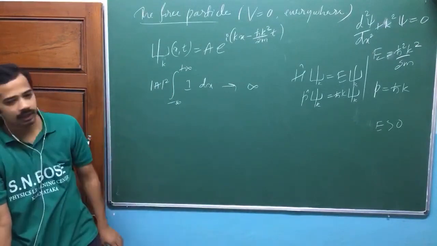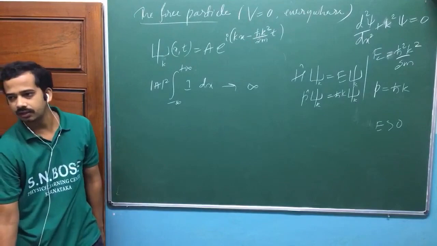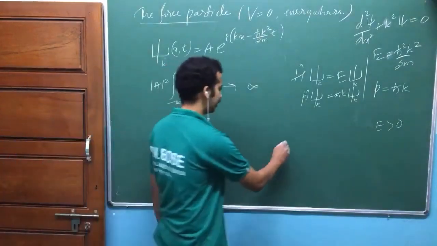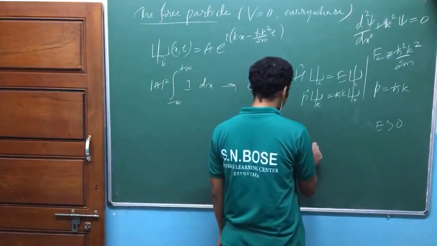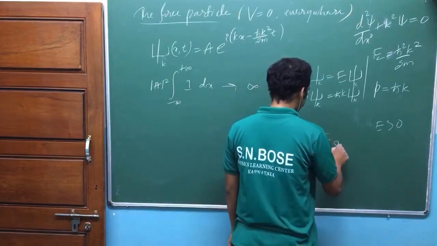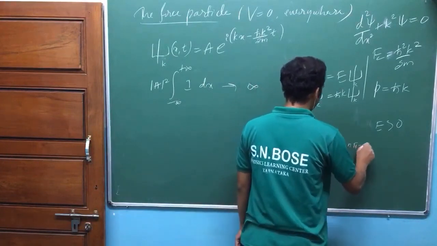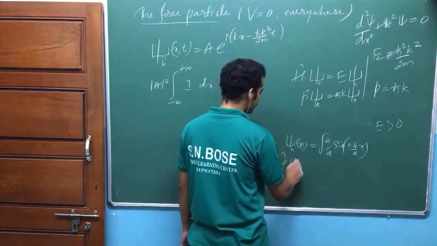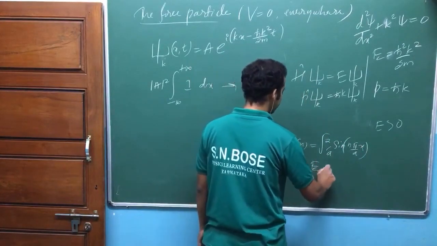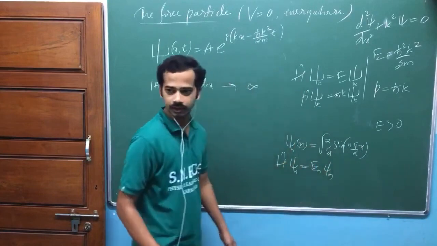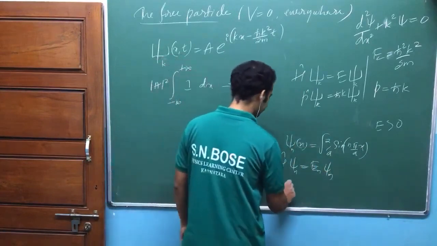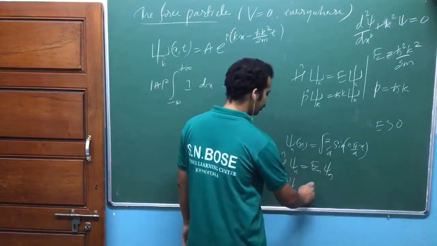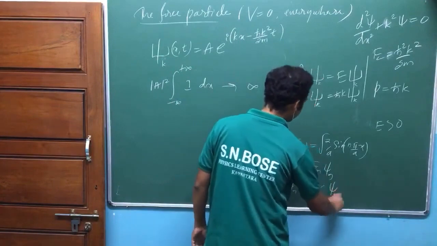Not like that. If a particle has definite energy, it need not have definite momentum. Suppose I take psi n of x is equal to root of 2 by a sine n pi x by a. If you operate h cap on this psi n, you get En into psi n. This is a definite energy state. Operate p cap on this one, you will not get any constant into psi n.